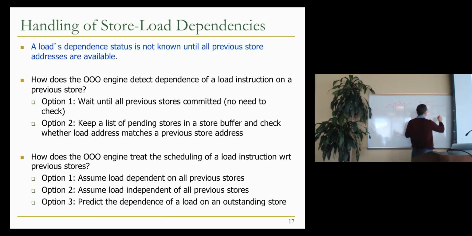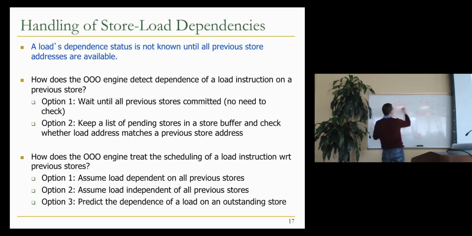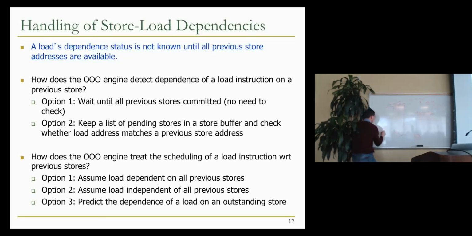Does that make sense? You need to compare this range to, for each of the stores that are older than this load, store address and store address plus store size. If anything matches, then you say, oh, this load is dependent on this store. So the second thing that makes it difficult is this is an address range search.